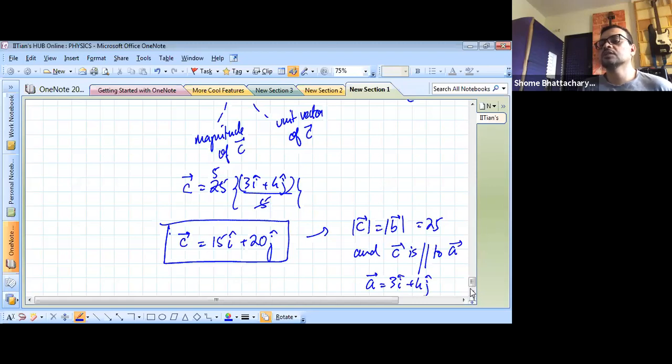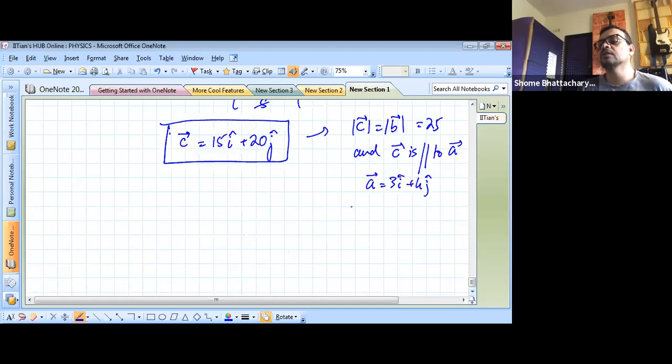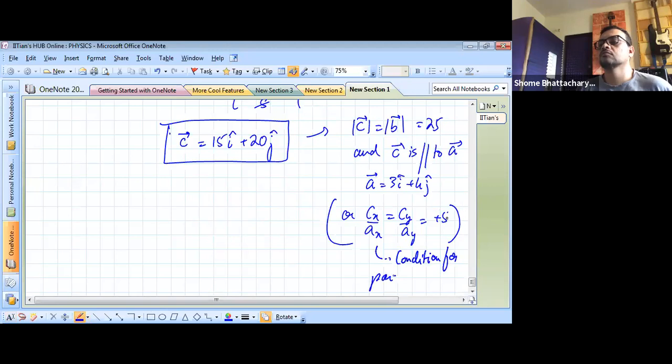So you can see that C's x component divided by A's x component is equal to C's y component divided by A's y component, which is 5. This is the condition for parallel vectors. All this is explained in last time's lecture notes. You can go through that also if required.